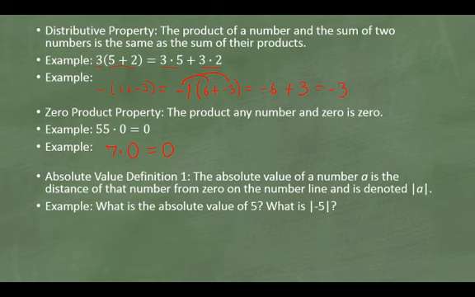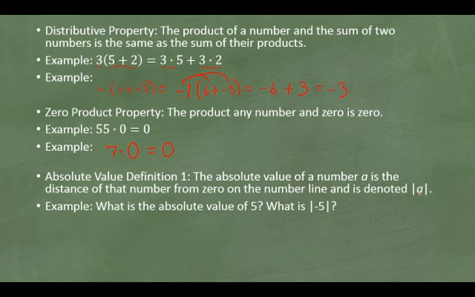The absolute value definition. Number 1. There's lots of ways of defining the absolute value. The absolute value of any number, a, is the distance of that number from 0 on the number line and is denoted the absolute value of a. We use 2 bars to the left and right of a.